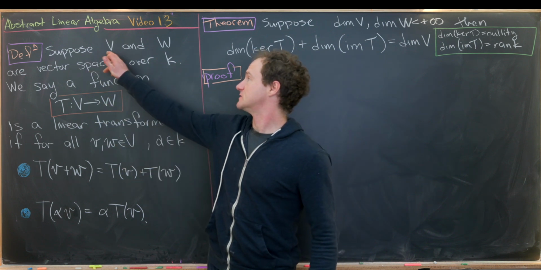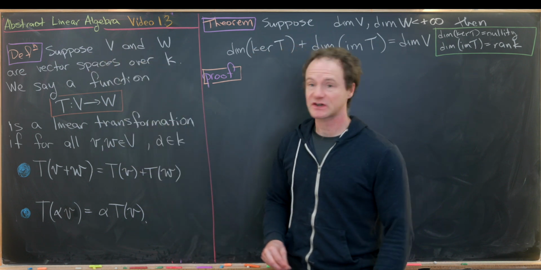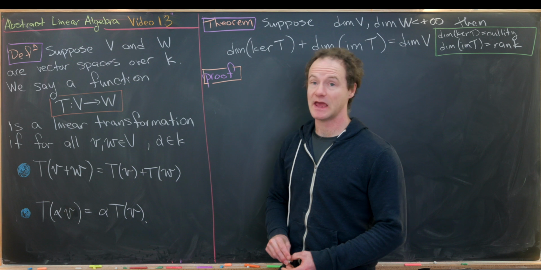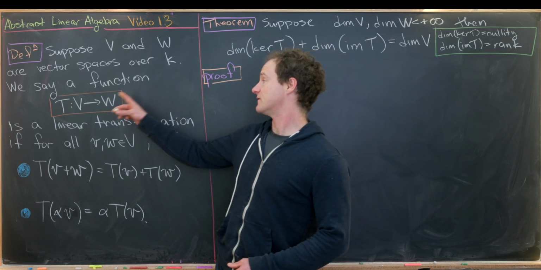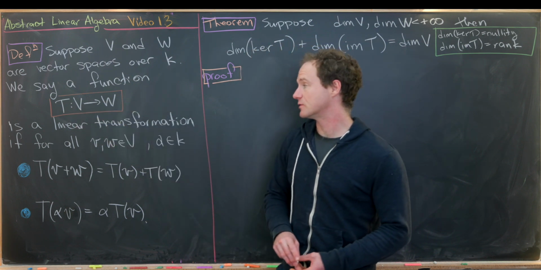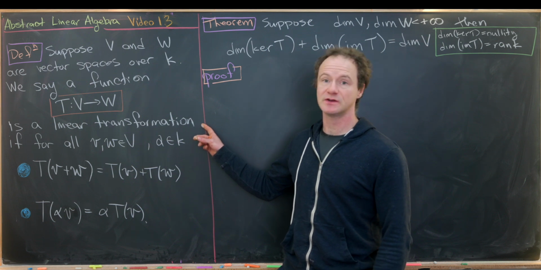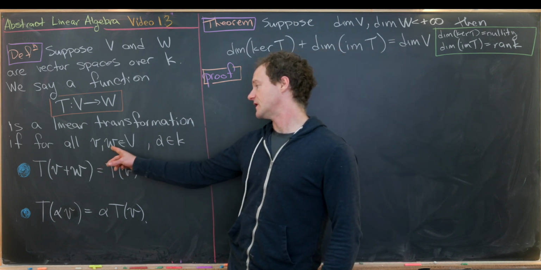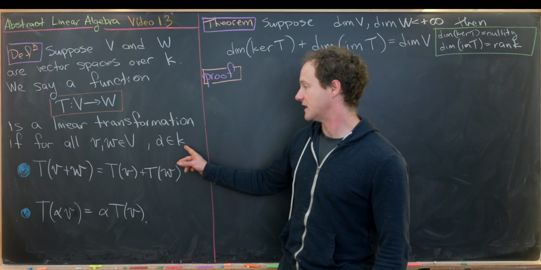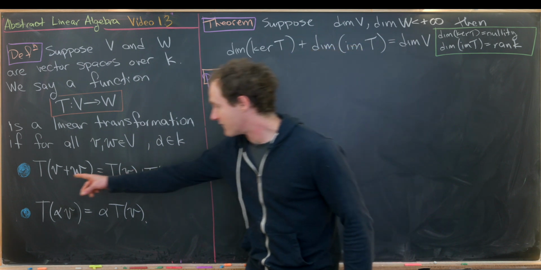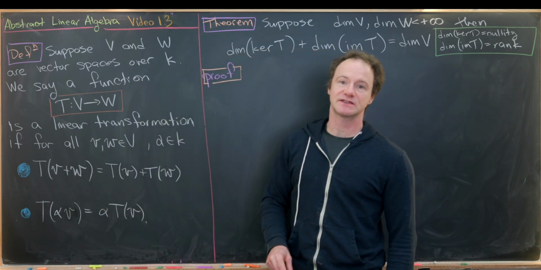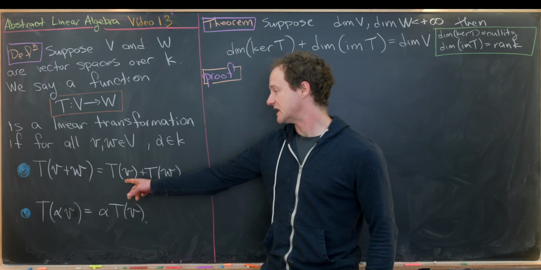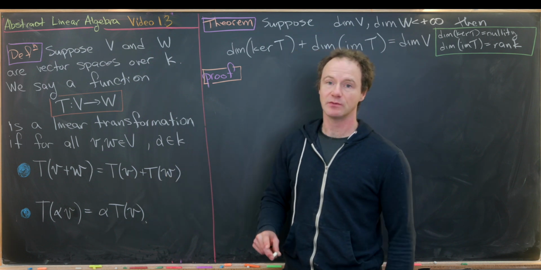So we want to suppose that V and W are vector spaces over a field K. And then we say that a function T from V to W is a linear transformation if for all v and w in V and alpha in K, we have T evaluated at v plus w is the same thing as T of v plus T of w.